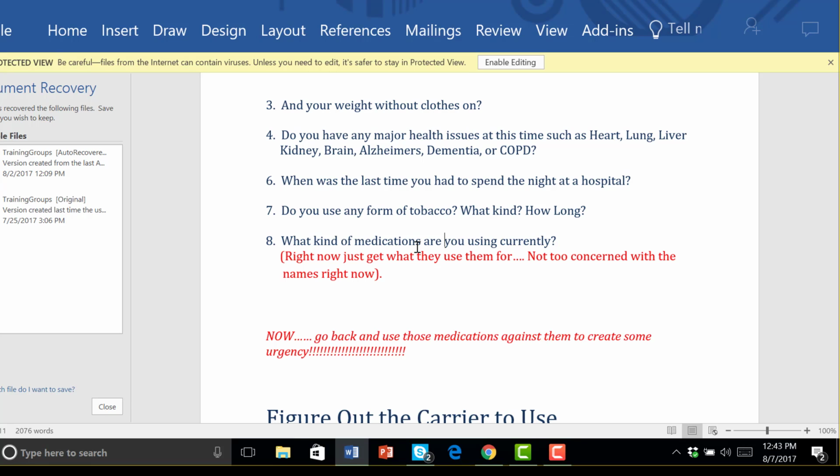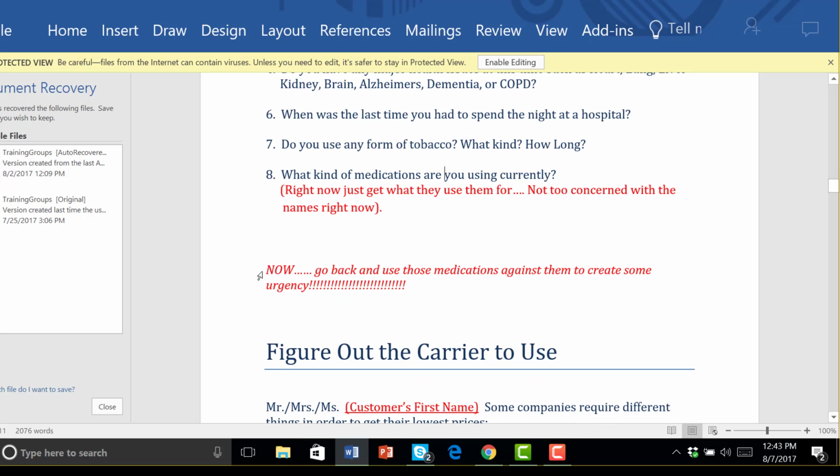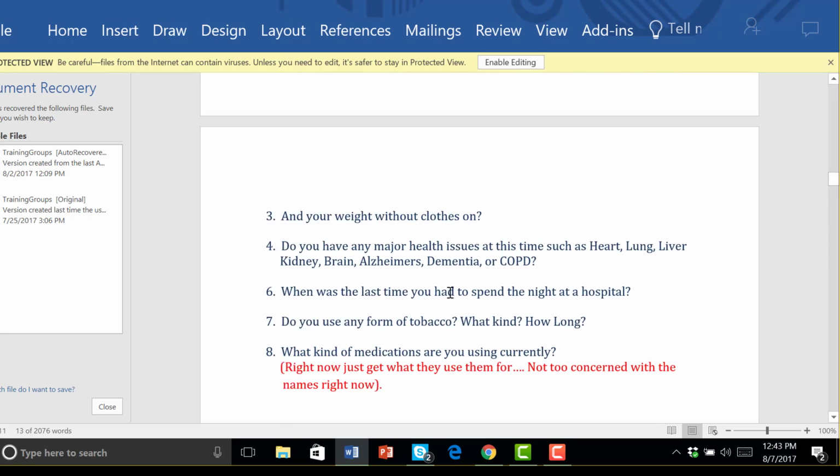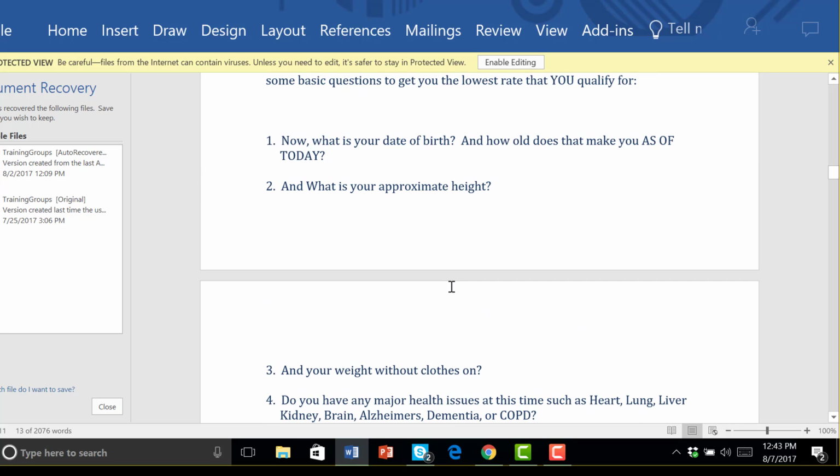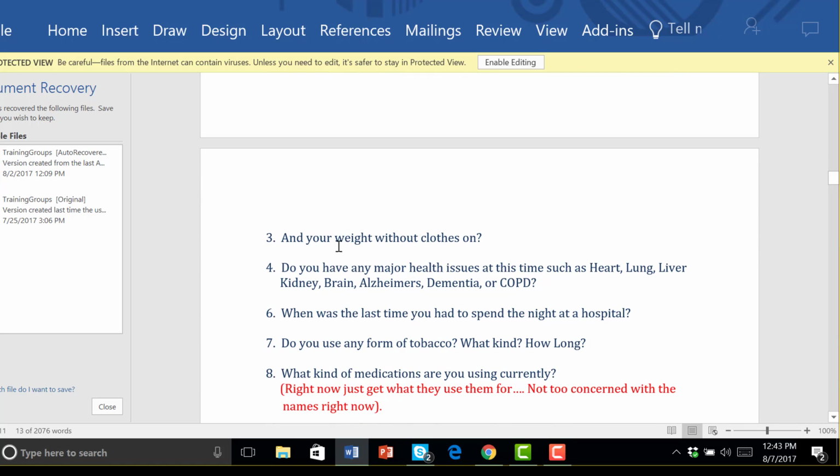So we're writing all this stuff down. And then right here it says, now go back and use those medications or those issues with them to create urgency. So what we're going to do is go back to the top, and if they have any weight issues, like let's say we're talking to a gentleman that's 6 foot and 350 pounds, I'm going to start there and say, look, Mr. Scott, as you know, your weight's a little on the high side.